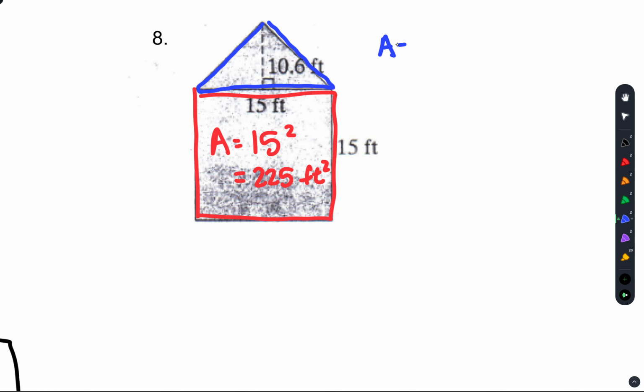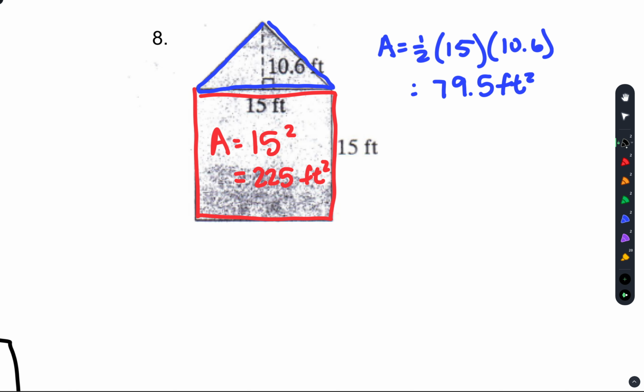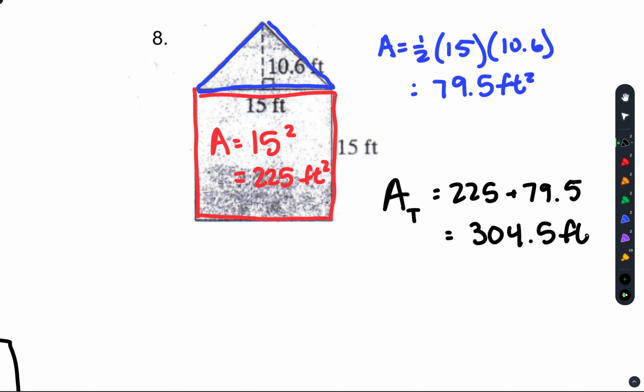The area of this triangle is 1/2. The base is 15. The height is 10.6, which gives me 79.5 feet squared. So the total area, I'm going to call it area sub T, is 225 plus 79.5, which is 304.5 feet squared. Any questions on this?